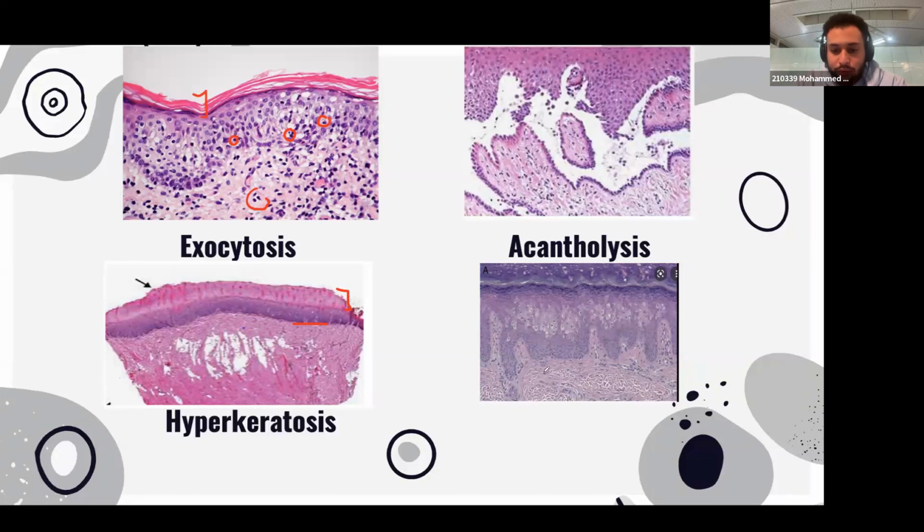Now over here, I'm going to pinpoint some markers. This is the basal layer. This is the stratum granulosum. Now tell me what's wrong. This keratosis. You see all of these?